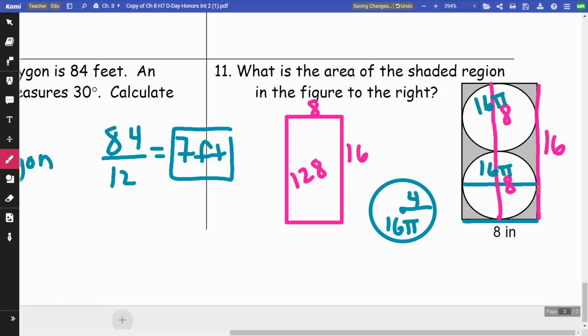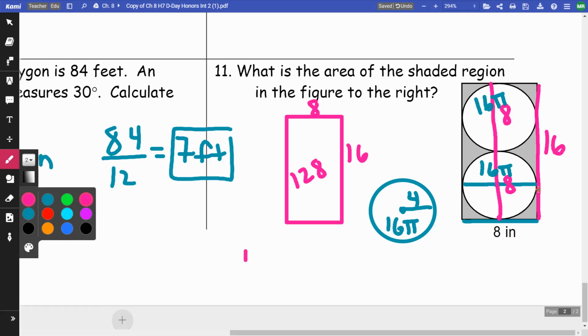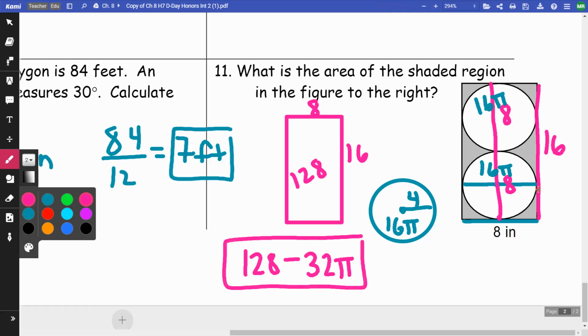So I'm going to be taking 128, which is the whole entire rectangle, and I'm going to be subtracting 16 pi plus 16 pi, which is 32 pi. And that is my exact answer. 128 minus 32 pi, if I put it in my calculator, as a decimal approximation would be 27, let's say 47 inches squared. But 128 minus 32 pi is the exact answer.